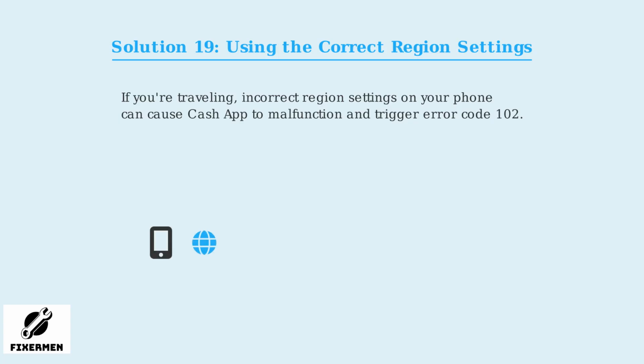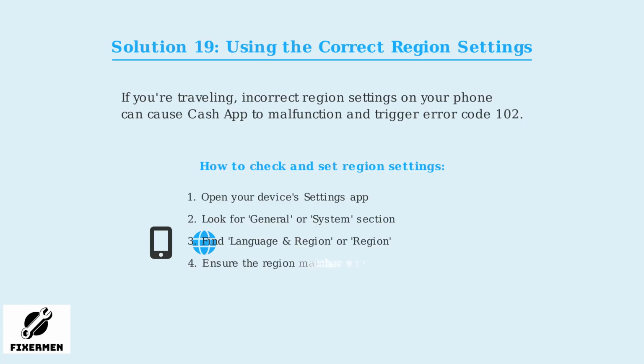If you're traveling, incorrect region settings on your phone can cause Cash App to malfunction and trigger error code 102. This happens because apps need to connect to servers in the correct region to function properly. To check and set your region settings, first open your device's Settings app. This is usually represented by a gear icon. Then look for the General or System section.